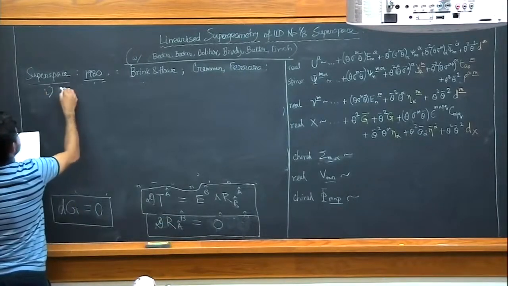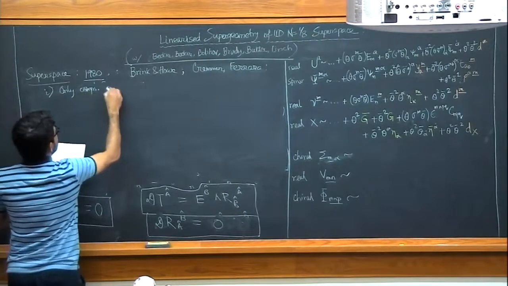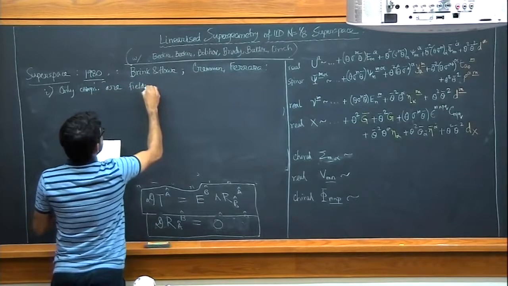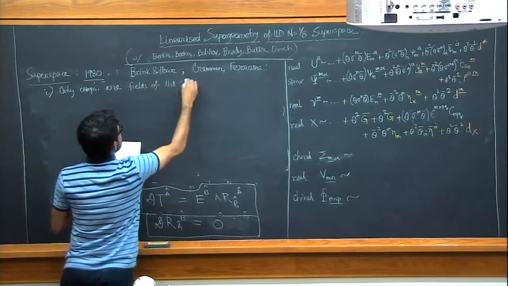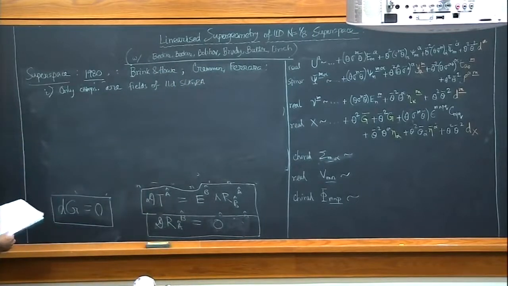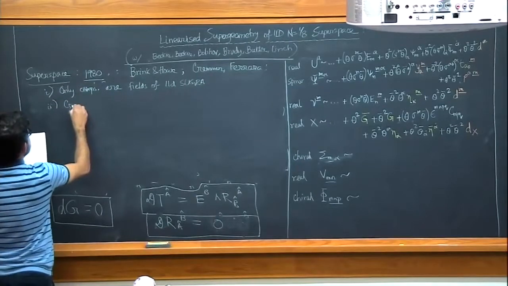one is only components are fields of 11D supergravity theory that was just described in components. And then they make an assumption that these are the conventional constraints that they will impose.